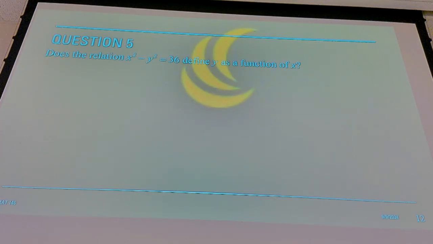Again, solve for y. x squared minus 36 would be y squared. Once again, you'd get the absolute value of y is equal to the square root of x squared minus 36.